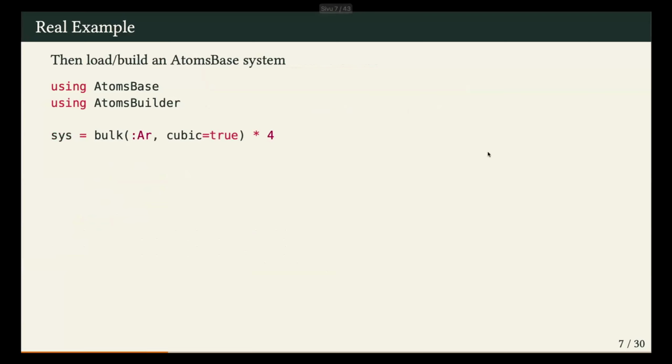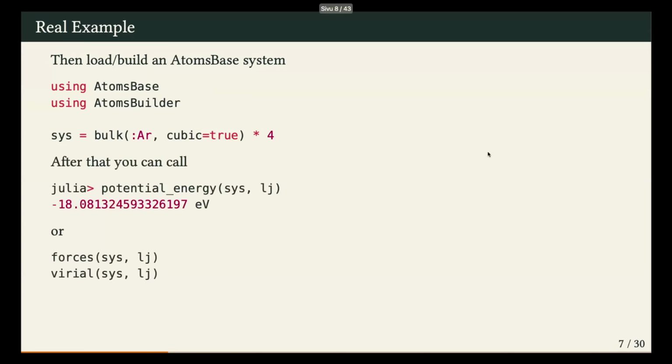Then you have to build the atom structure, and this is an example of how to use the atoms builder that Christoph mentioned. That's basically the same kind of command you use with ASE to get a system. After you have these two, you can just call it like this, and that's how it works.